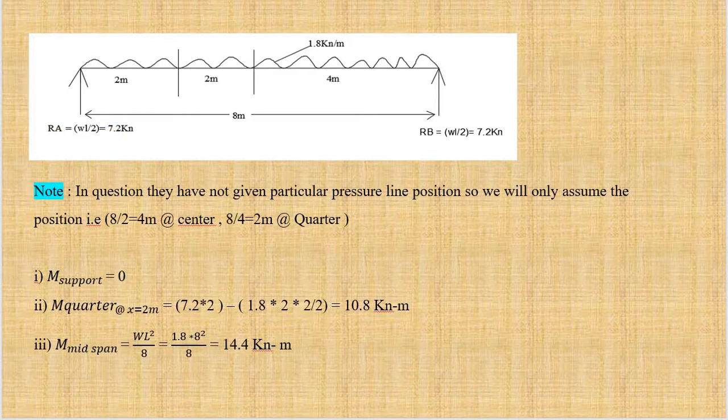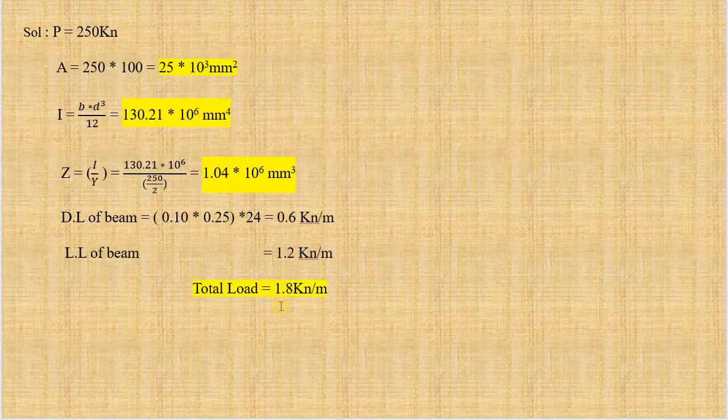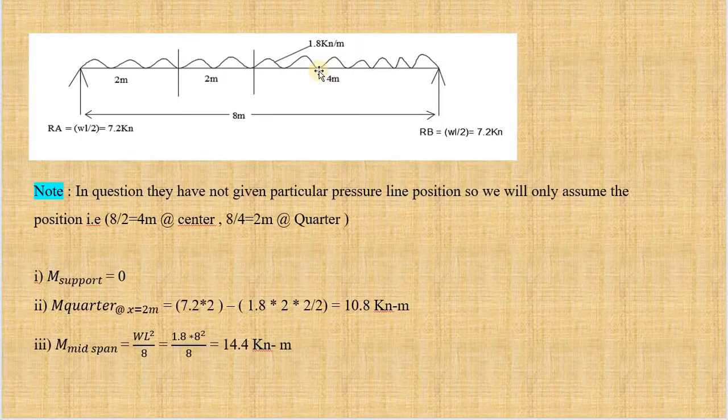Remember, W is the total load. Don't take it separately like 0.6, 1.2; it is 1.8 directly, the total load we should consider. In the diagram you can see throughout the span I have mentioned this UDL 1.8 kilonewton per meter. This value should be used for the calculation.